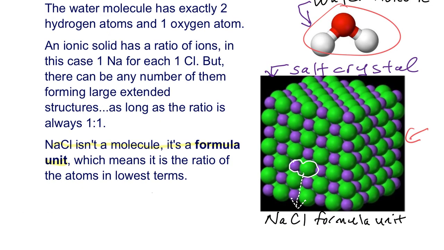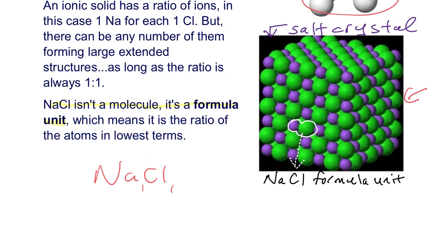No matter how big the salt crystal is, if the formula is NaCl, you always have the same ratio of sodium to chloride, 1:1. For every green ball there's a purple ball. The green ball represents chlorine. The purple ball represents sodium.